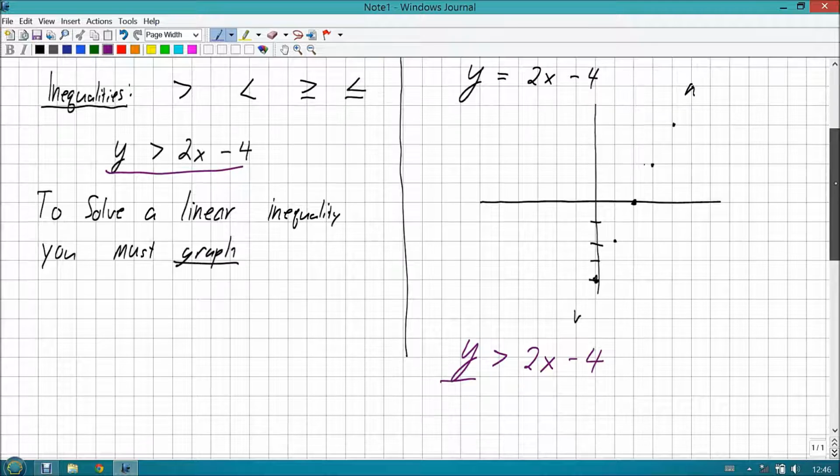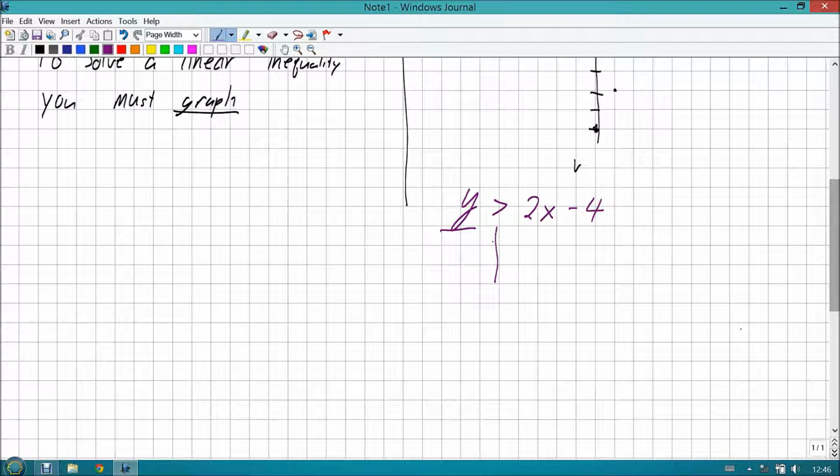The easiest way to remember that is to look at your inequality sign. Remember, if you have a bar, then you're solid.